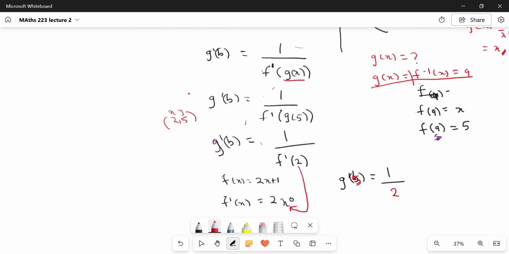So f of a particular variable will be equal to 5. And from the first solution that we did, if the value of the function at a particular point is equal to 5, then the point is equal to 2. So that's where we got our 2 from.